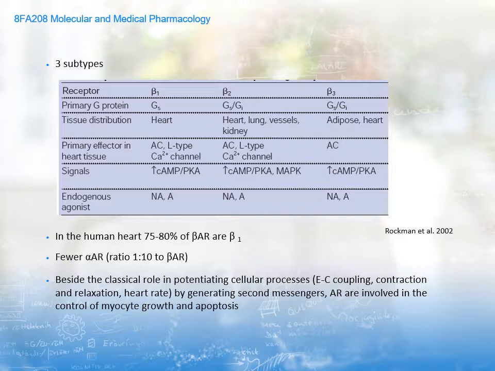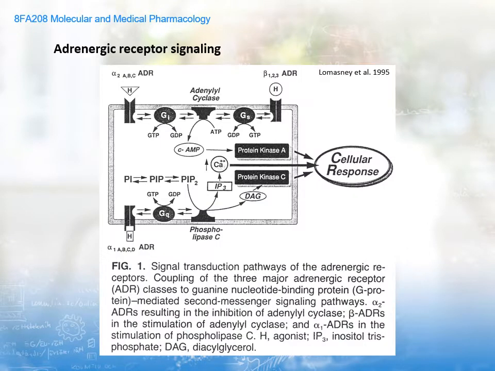Of course, the beta-adrenergic receptors have a classical role in potentiating cellular processes, in this case EC coupling in cardiomyocytes, contraction and relaxation of the heart, and increasing the heart rate, and this is done by the generated second messengers, mostly cyclic AMP. Adrenergic receptors are also involved, however, in the control of cardiomyocyte growth and apoptosis.